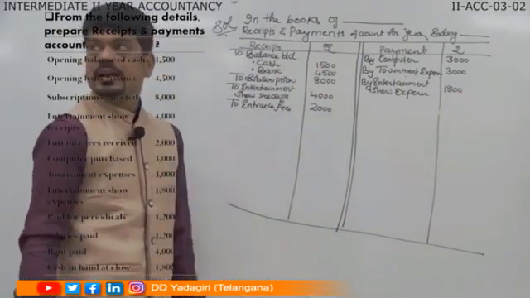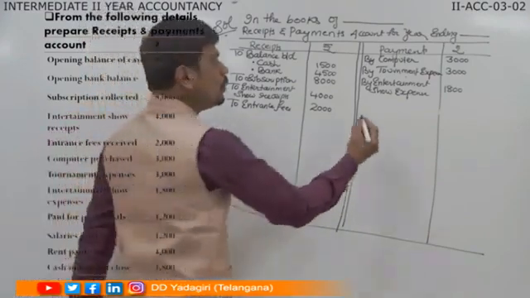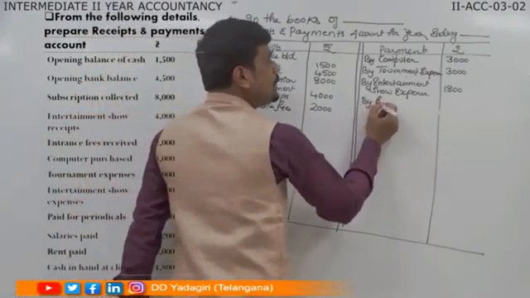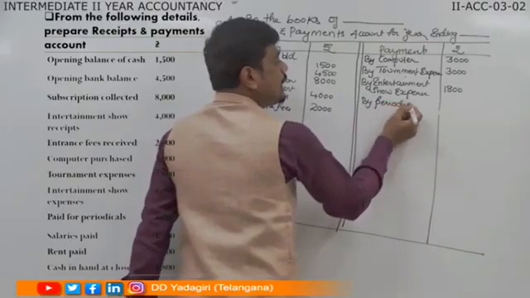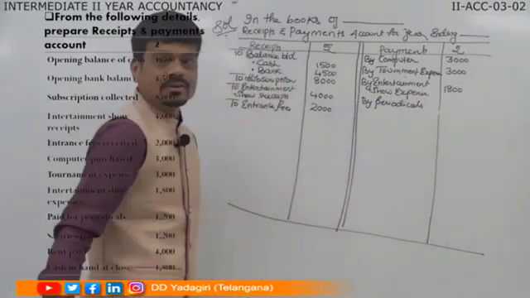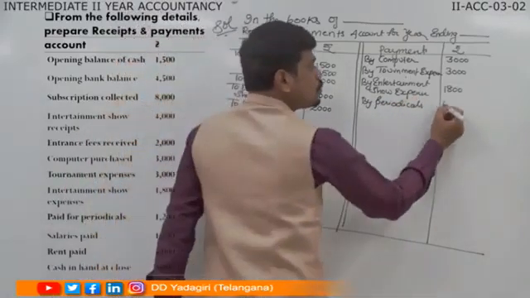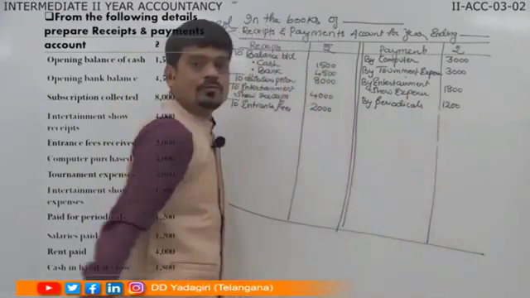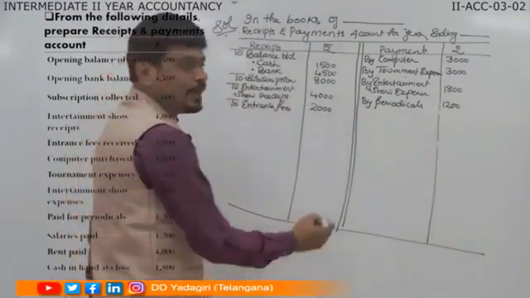Periodicals are nothing but the magazines. So by periodicals payment amounts to rupees 1200.